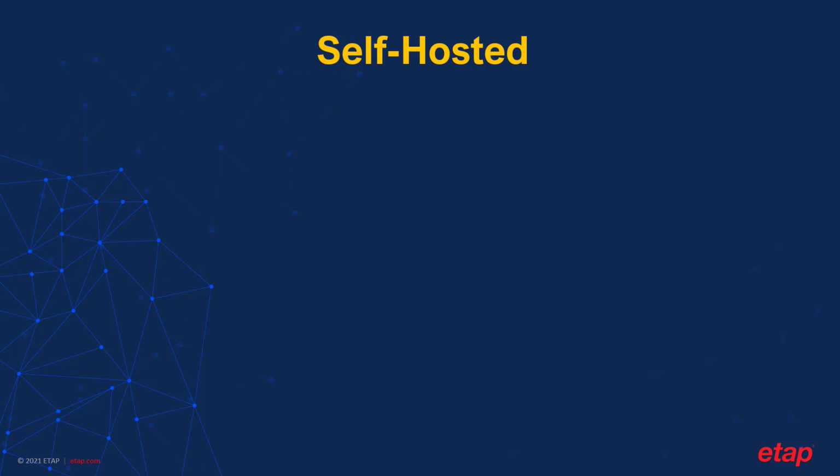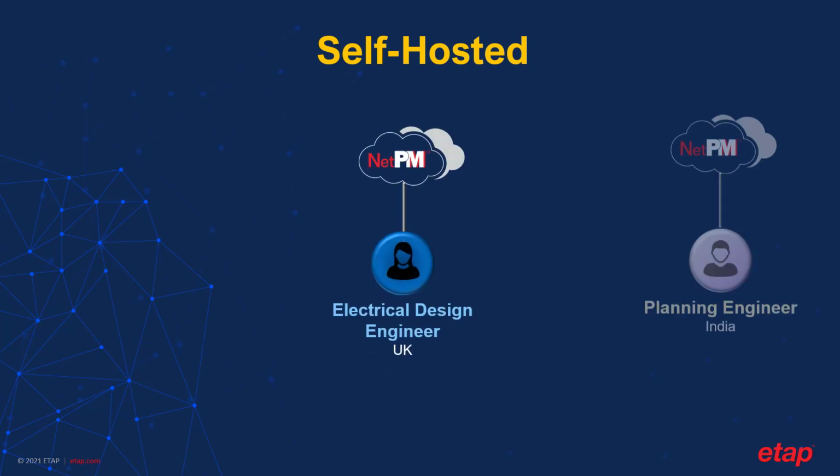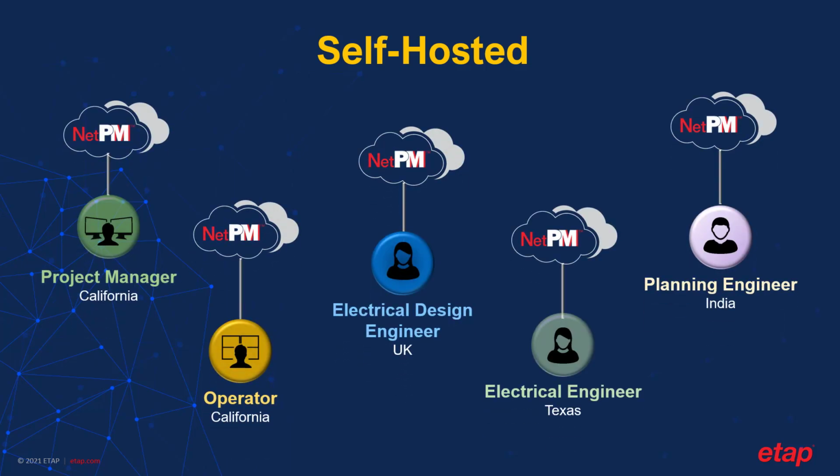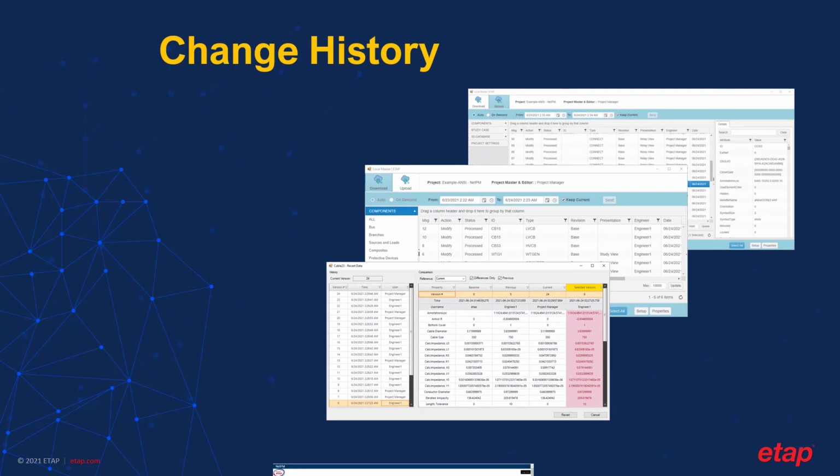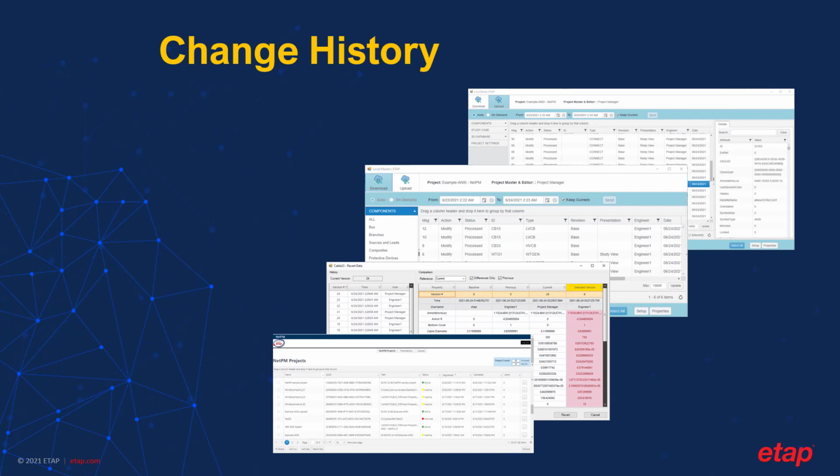For self-hosted environments, NetPM can simply be installed locally on the same PC running ETAP. The incremental changes for each uploaded project are then maintained on the local machine. This change history is built into NetPM, so it's accessible for both networked and self-hosted environments.